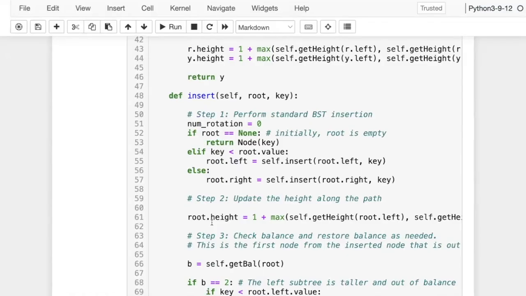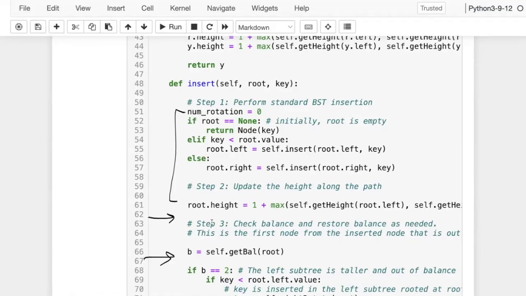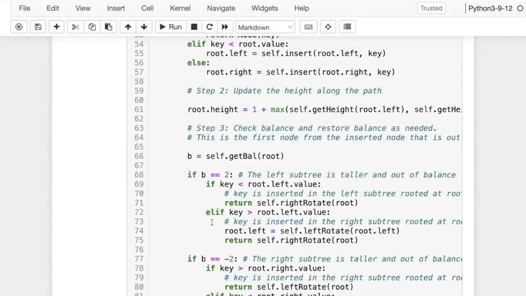After that, we can do insertion. For insertion, we first follow the binary search tree insertion. After a node is inserted, we update its height, and then we compute its balance factor. Then we check for the first node that is off balance, because this is a recursive call. If the balance factor is 2, it means it's off balance from the left side.